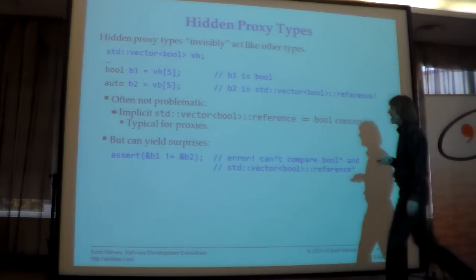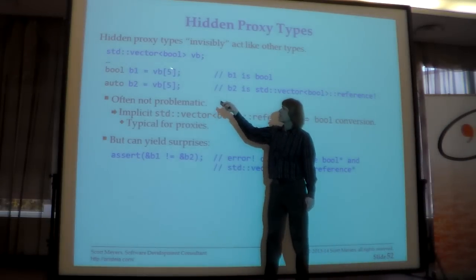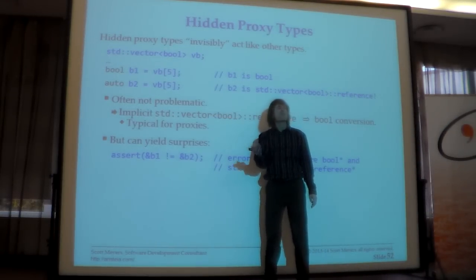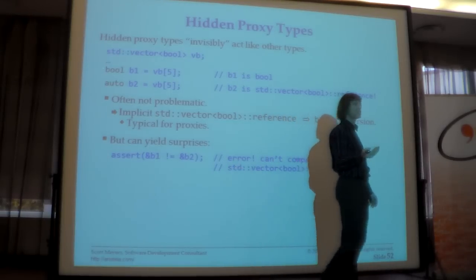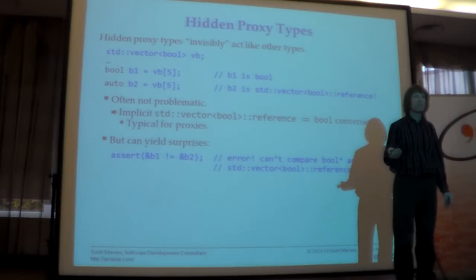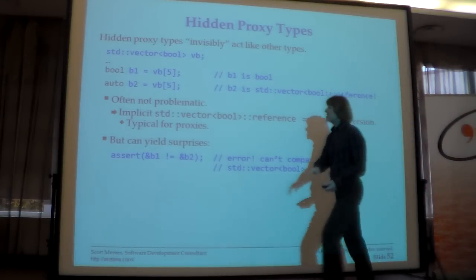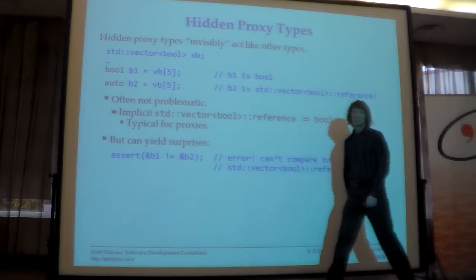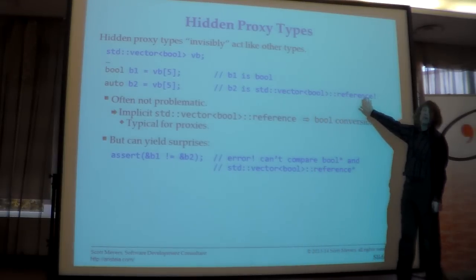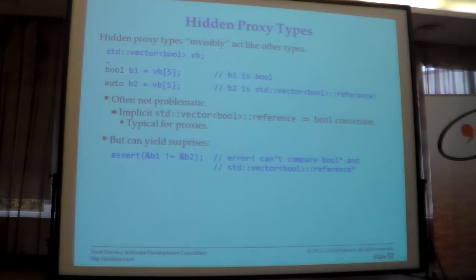The problem is that the array bracket operator on a vector returns a reference to the element. You can't have a reference to a bit. The smallest addressable unit in C++ is the char. There's no such thing as a reference to a bit, which means this cannot return a reference to the bool. As a result, it returns something else. It returns what is known as a vector of bool::reference, which is a class type.